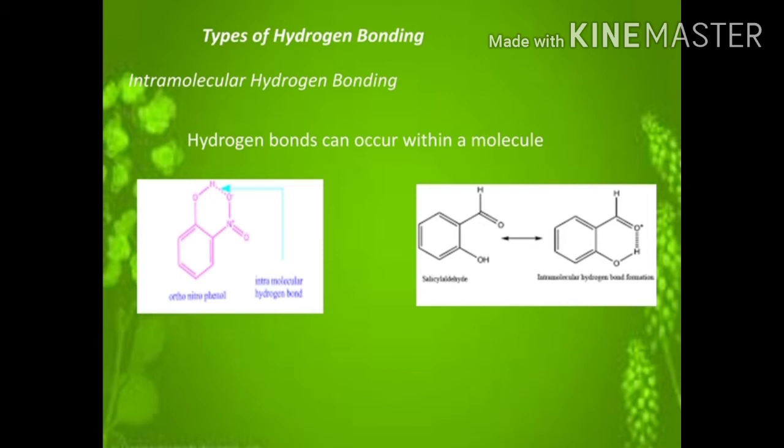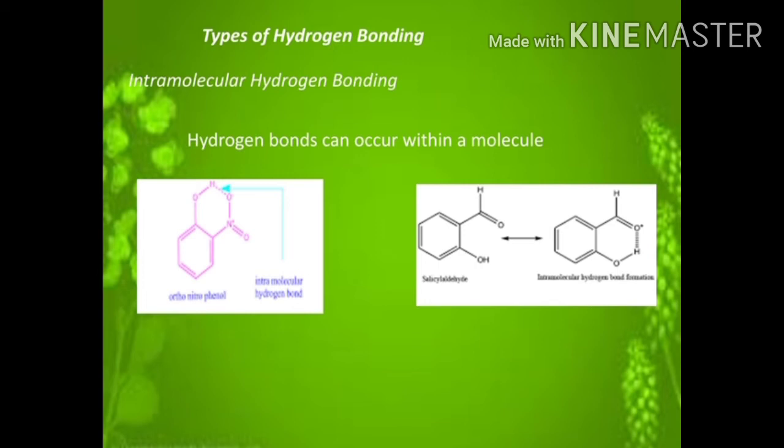Another example, salicylaldehyde. Benzene ring containing OH group as well as aldehyde group, that is called as salicylaldehyde, otherwise known as orthohydroxybenzaldehyde. That is also involving intramolecular hydrogen bond.